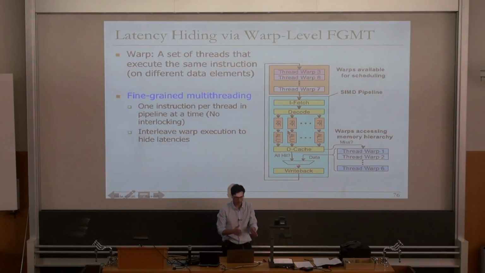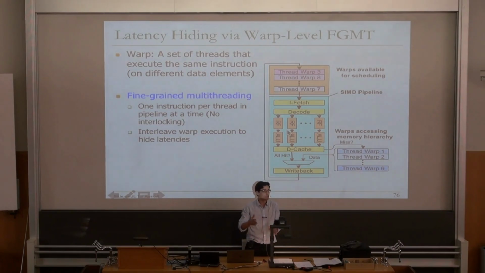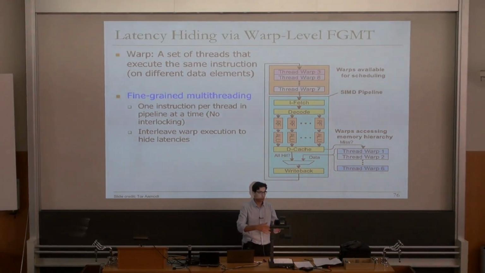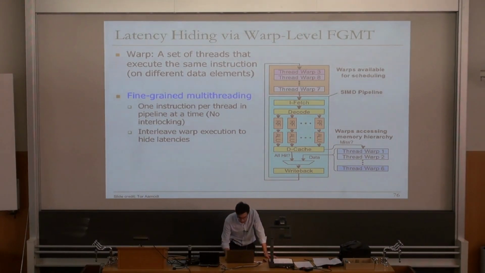That's what is called the latency hiding mechanism. We can hide long latency operations like memory accesses by executing other instructions that finish much faster and are ready to continue the execution much sooner. That's essentially one of the main advantages of GPUs when accessing memory.